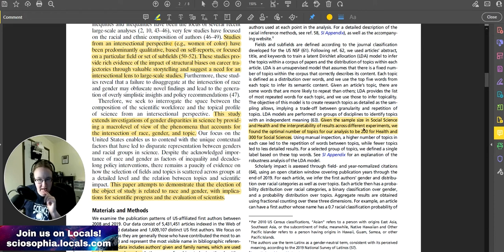Given the sample size in social science and health and the interpretability of results across different experiments, we found the optimal number of topics for our analysis to be 200 for health and 300 for social sciences. Almost everything in this paper, results and analysis, focuses on these two components of science, not on STEM. They don't focus anything on STEM in reality.